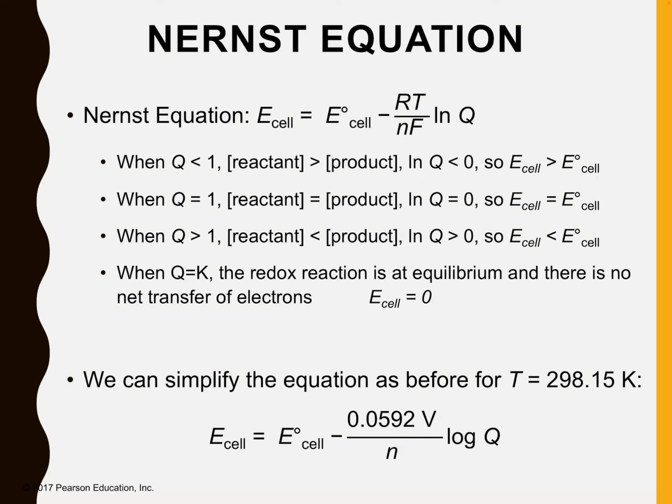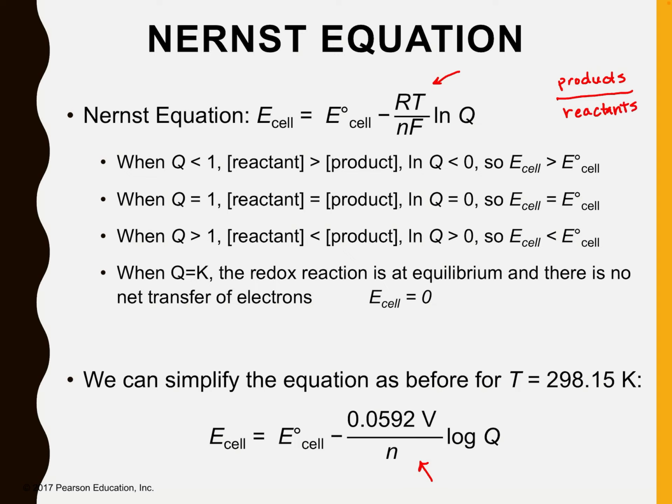Okay, so here I've broken it back down again. This will be at standard conditions down here, but at the top, this is for general, any temperature. When we have Q less than 1, remember Q is products raised to the power of their coefficients over reactants raised to the power of their coefficients.